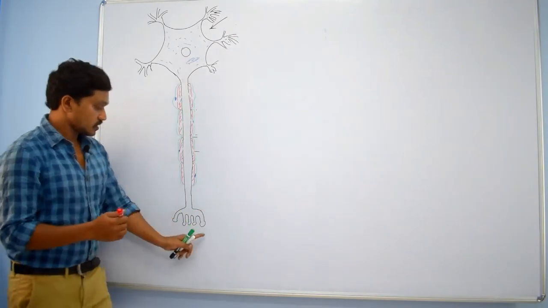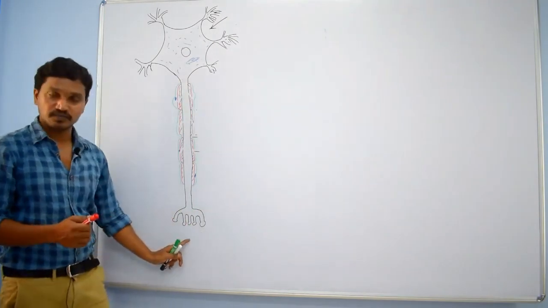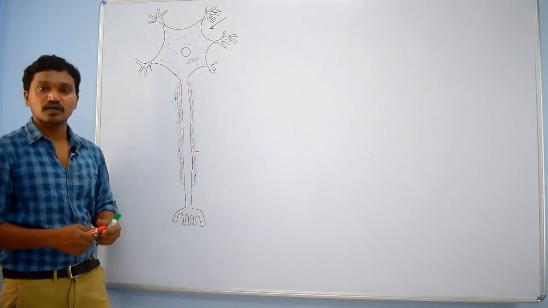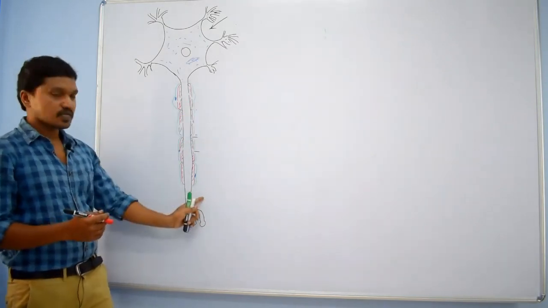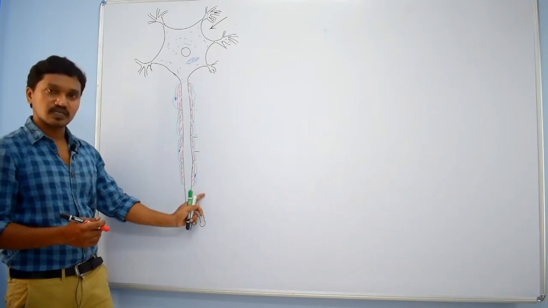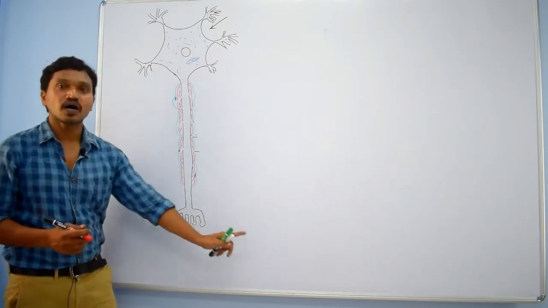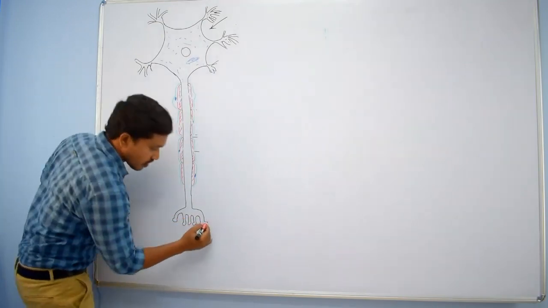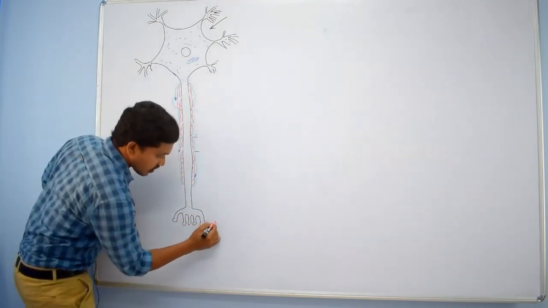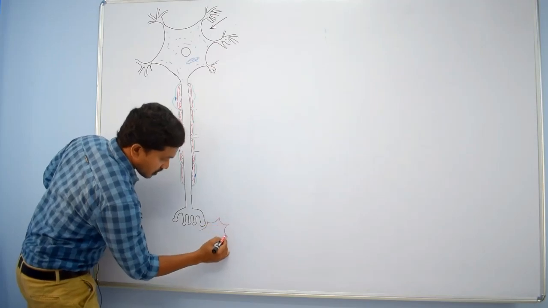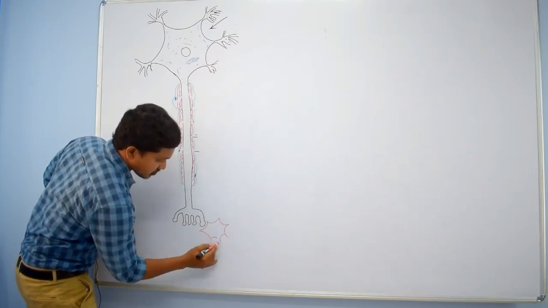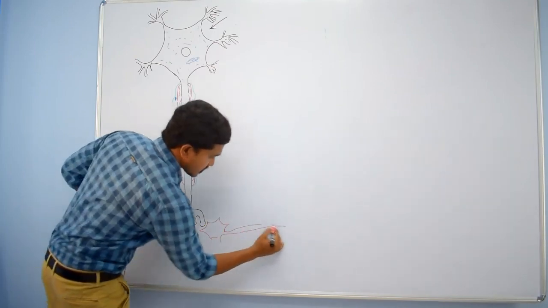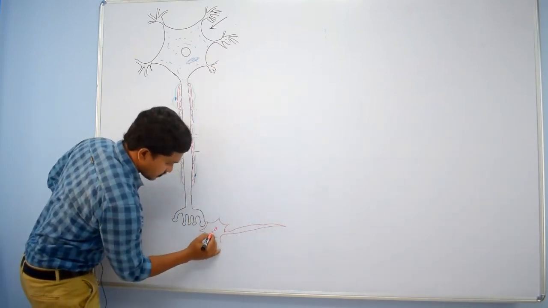So take this one cell, and this neuron is carrying some impulses. These impulses are given to another neuron at the synapse. Just imagine this is another neuron.